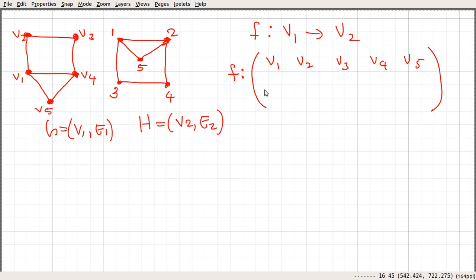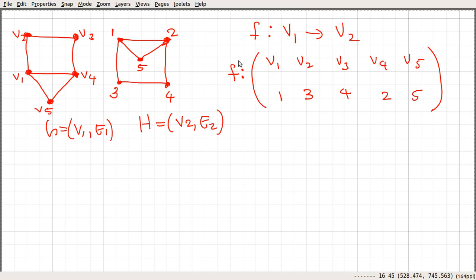The second row corresponds to the mapping of these different vertices. Suppose that we have this mapping: V1 is mapped to 1, V2 is mapped to 3, V3 is mapped to 4, V4 is mapped to 2, and V5 is mapped to 5. This is just a mapping from the vertex set of V1 to V2.